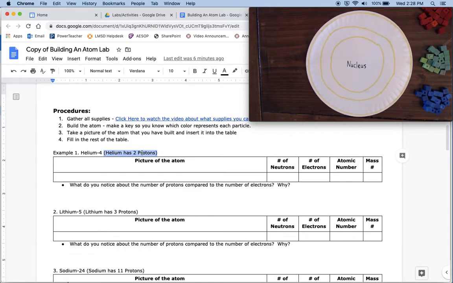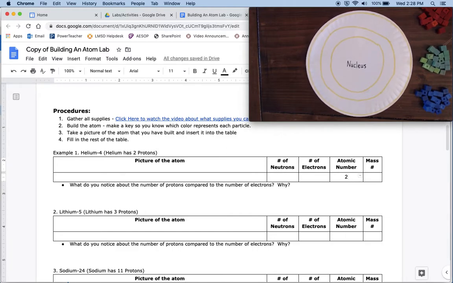Helium has two protons, right? This week I'm going to tell you how many protons it has. Next week when we start talking about the periodic table, you're going to have to learn how to do that by yourself, and it's a really simple thing, because the periodic table tells you those answers. So when it says helium has two protons, that gives me two answers. One is my atomic number, which means the atomic number is the number of protons.